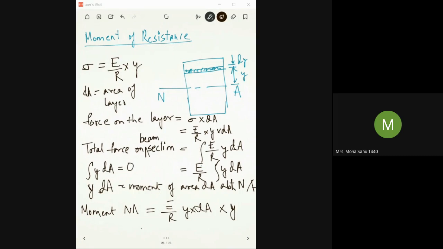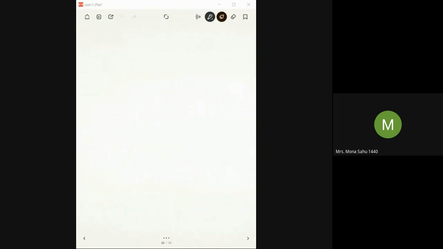So it's going to be y squared. We can consider this as E by R y square into dA. This is equal to M. I'll write it in the previous section.